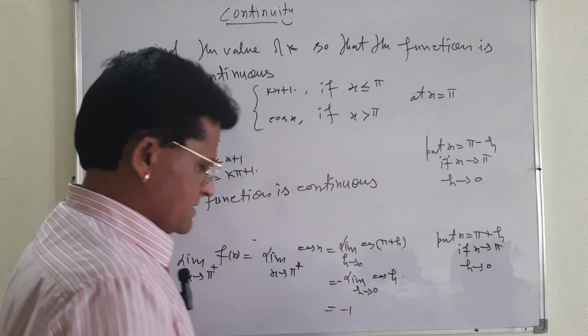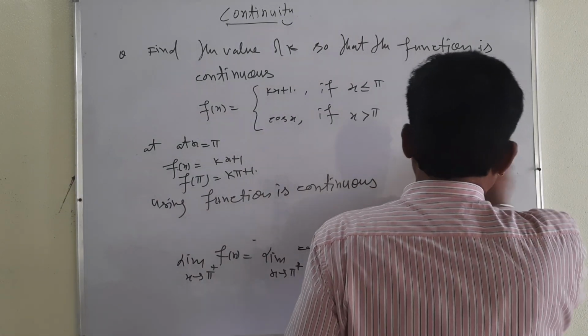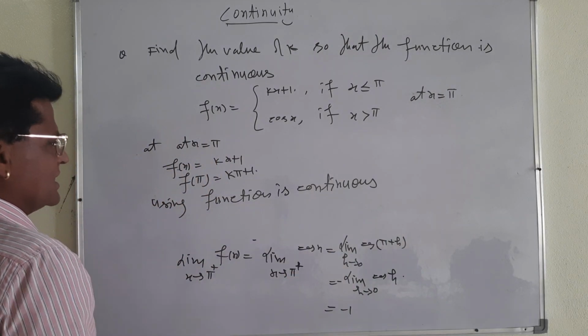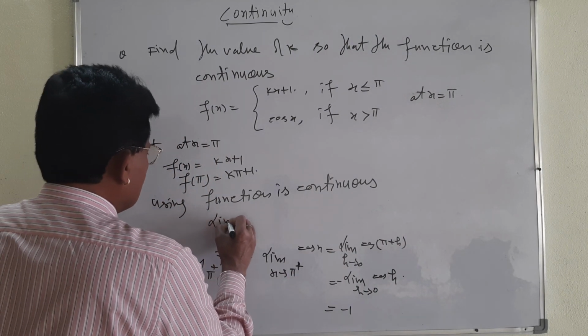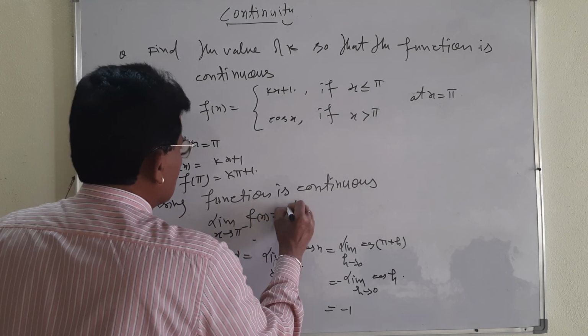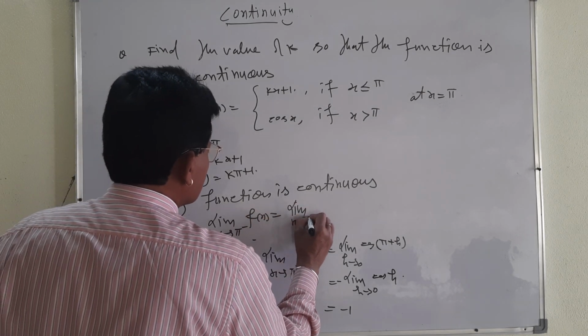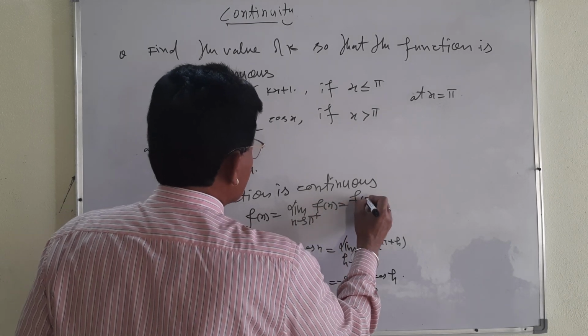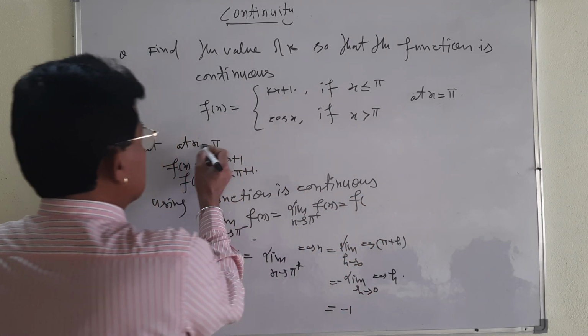Let me take the function as continuous. Already I told you the condition. If the function is continuous, then the left hand limit of f(x) will be equal to the right hand limit of f(x), and it will be equal to f at x is equal to pi.